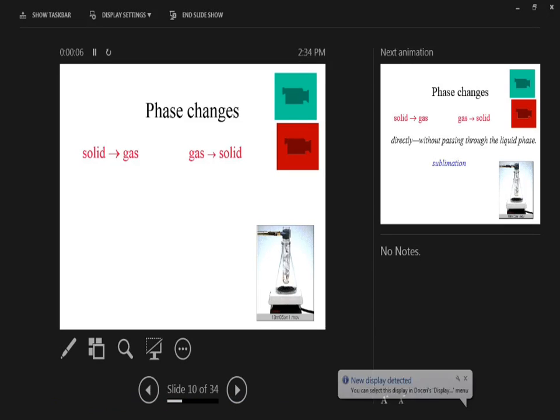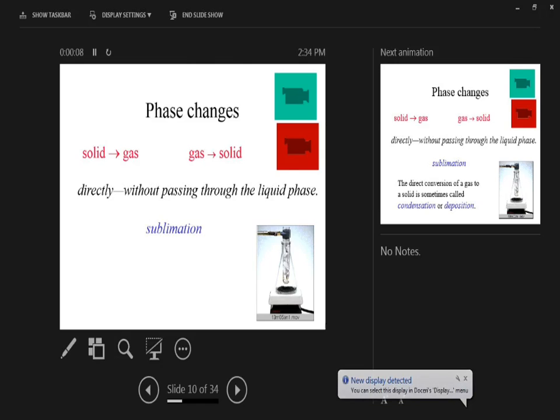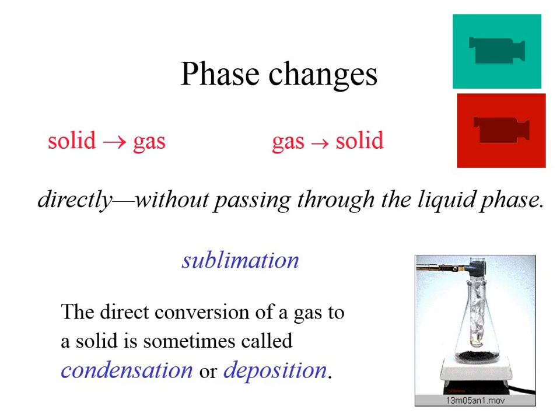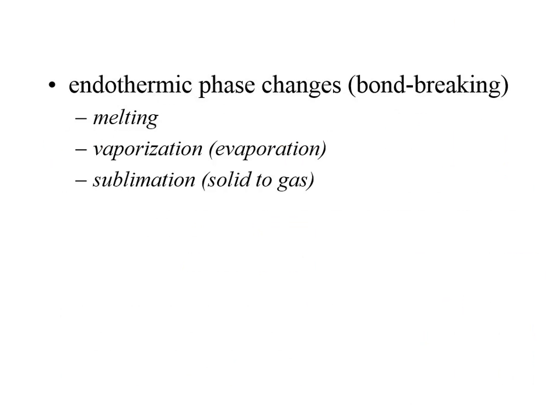So let's talk numbers. That's all been kind of qualitative. Again, endothermic would be putting energy in, and why would we put energy in? Well, we're breaking bonds, and when we break bonds with phase changes, of course, you're talking about your melting and your evaporation.